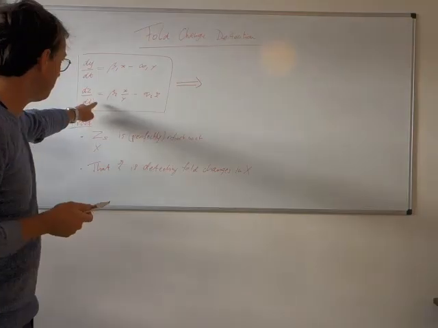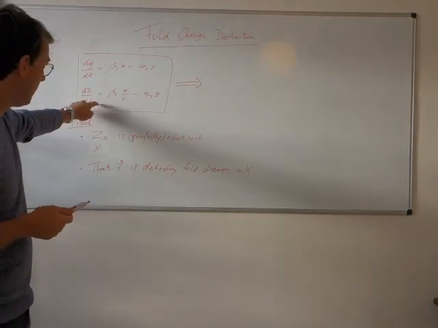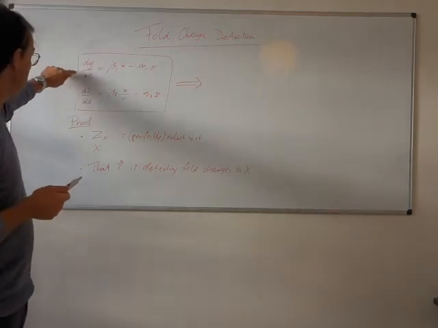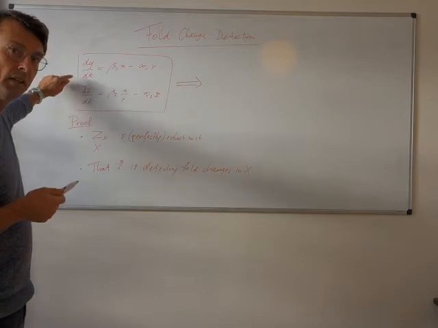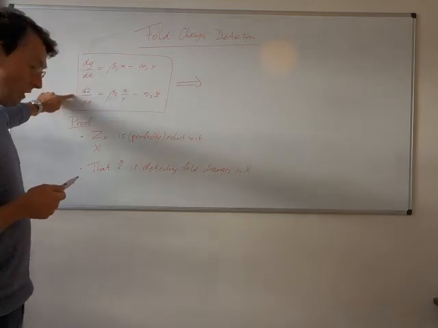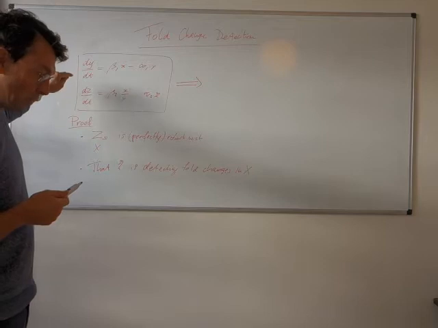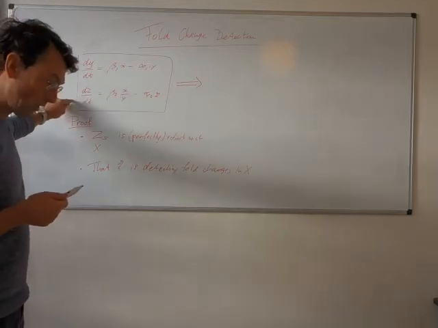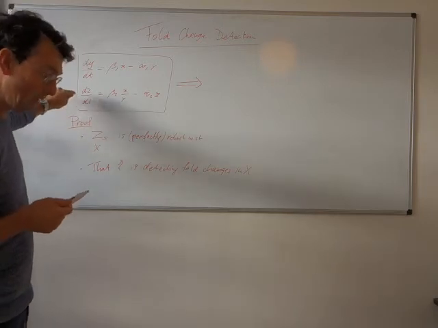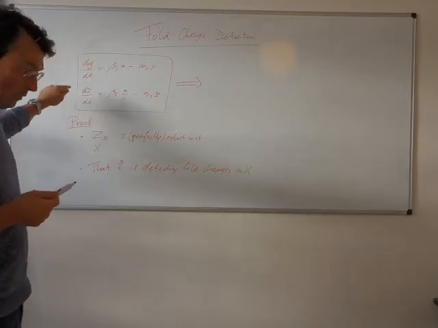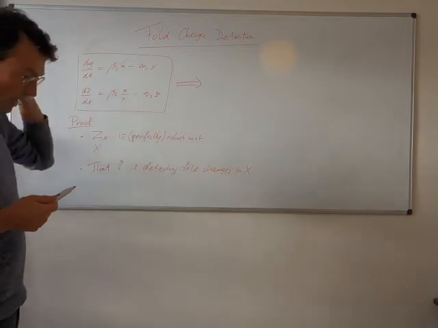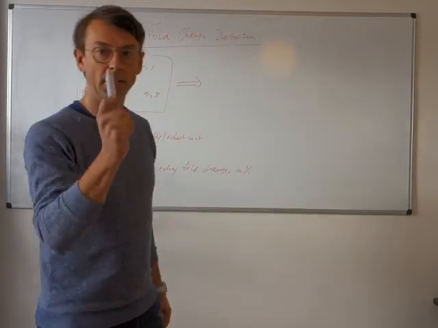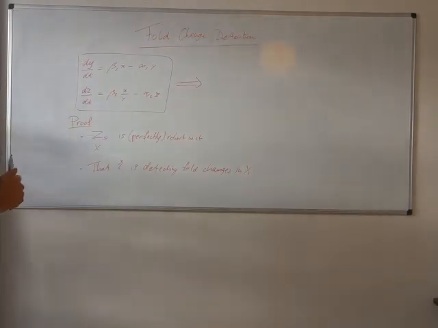Because if this system is detecting fold changes, and this system of equations gives us the dynamics of Z, then we should be able to write this system of equations in terms of the fold changes of Z, and then show that the dynamics of the fold change in Z is identical for the same fold changes in X. And then we're there. So that's what we need to do.